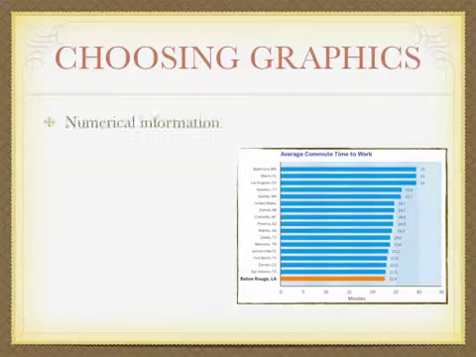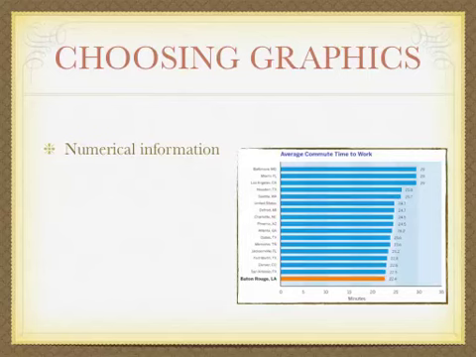In choosing your graphics, you can first decide what kind of graphic to use based on what you would like to present. If you're presenting some kind of numerical information, you'll probably use a bar graph or a pie chart. If you're creating some kind of logical relationship between different particular properties or organizations, you might use a diagram.